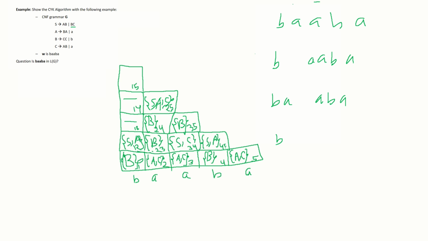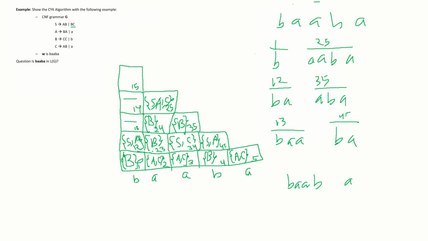Then BAA and BA, and the last one is BAAB and A. This is position 1, this is from position 2 to 5, this is position 1 2, and it is from 3 to 5, this is 1 3 and 4 5, this is 1 to 4, and this is 5.